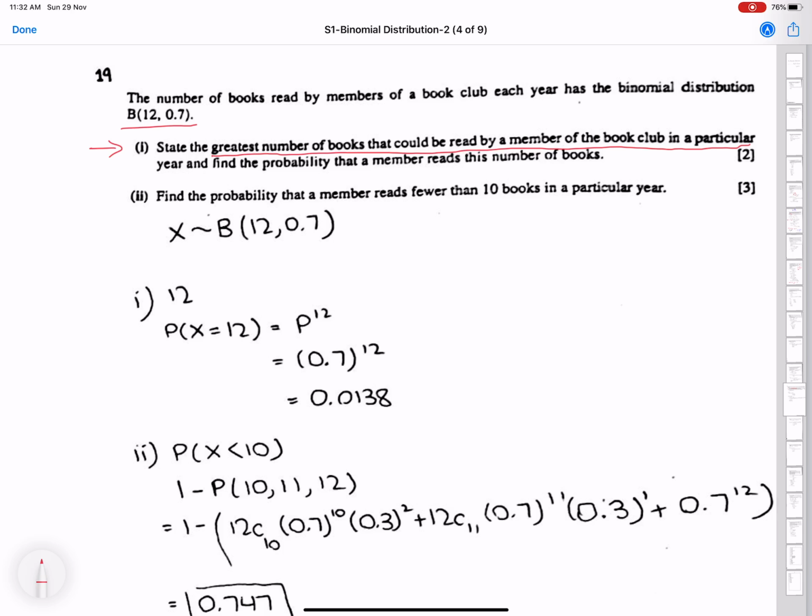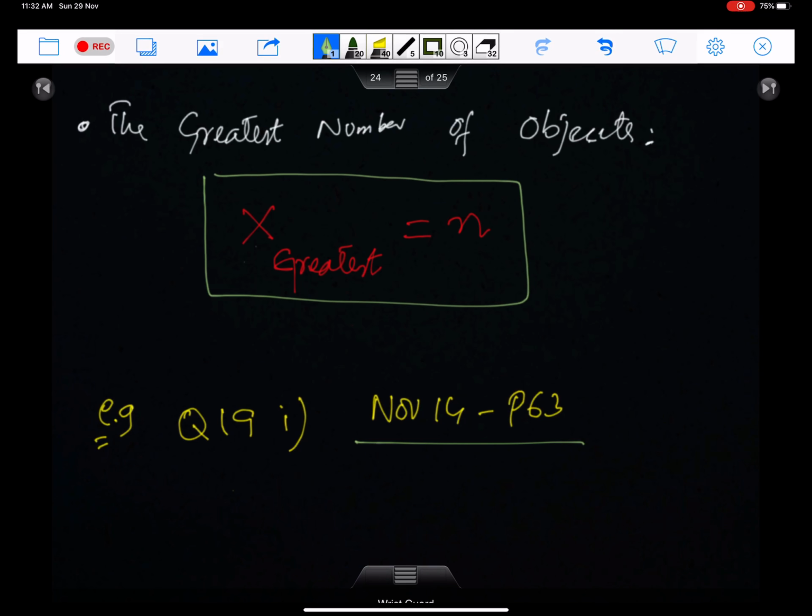Obviously the value of n is 12, therefore the greatest number of books must be 12. X greatest must be n, which is 12. And you can easily get the probability of this number 12. So this was the concept.